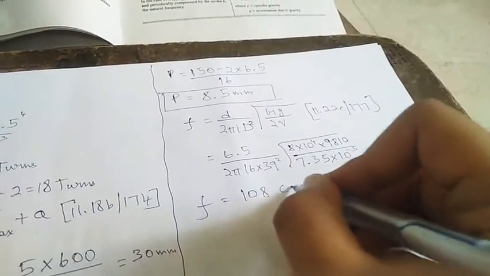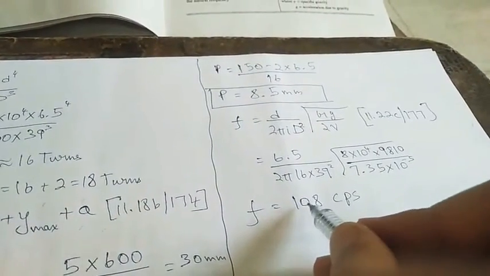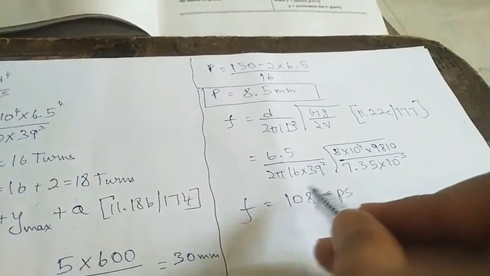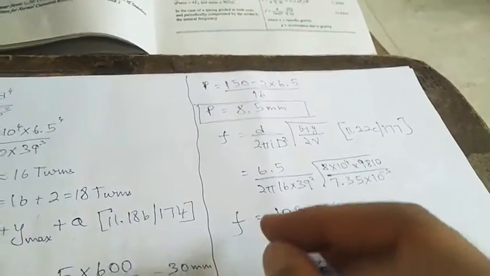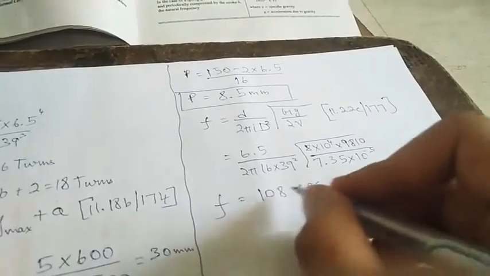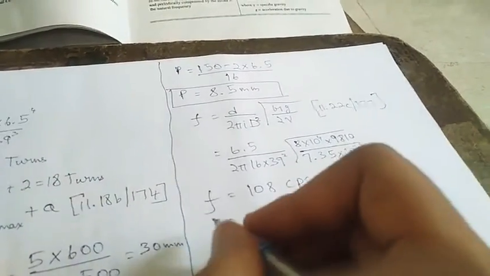108 cycles per second. You'll get a value near to this, slightly less or slightly more than this value. It is also correct. 108 cycles per second, or we can call this hertz.